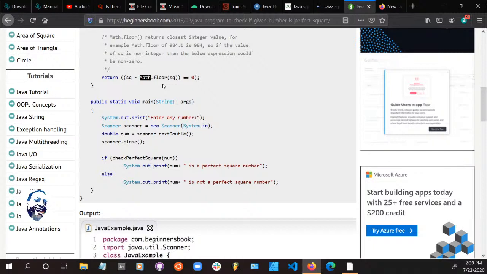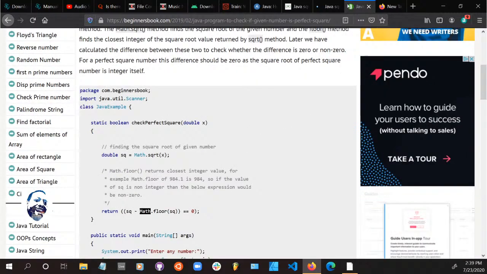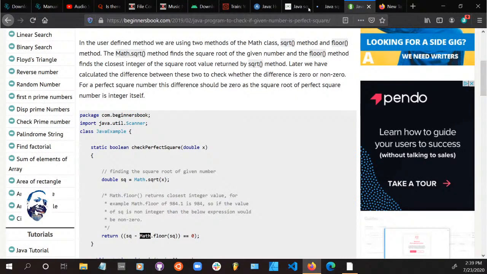Now, if the difference is greater than zero, then this statement becomes false. But if they're equal, then the statement becomes true, and that means that yes, it is a perfect square. So that's the solution right there.